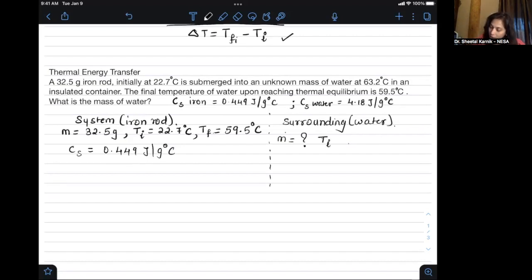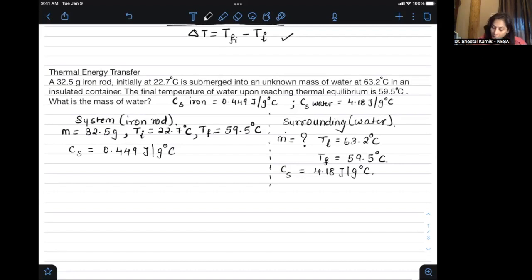So Ti of water is 63.2 degrees Celsius. And of course, the final temperature is 59.5 degrees Celsius. The specific heat capacity of water is given. It is 4.18 joules per gram degree Celsius. Okay, so now we have all the information that we need to find out the mass of water.